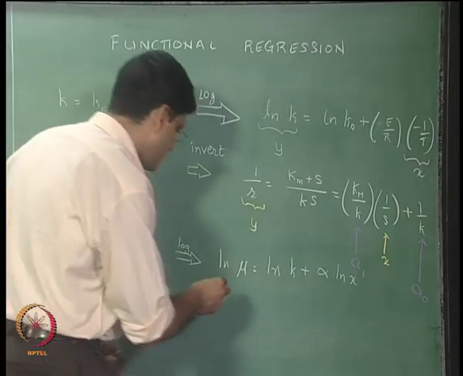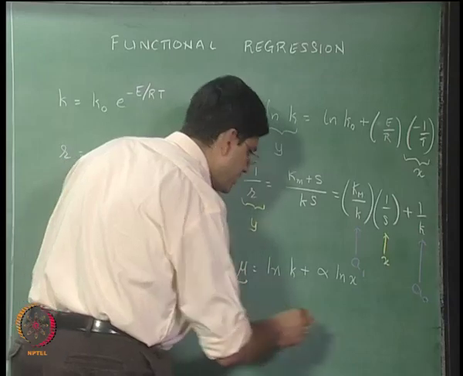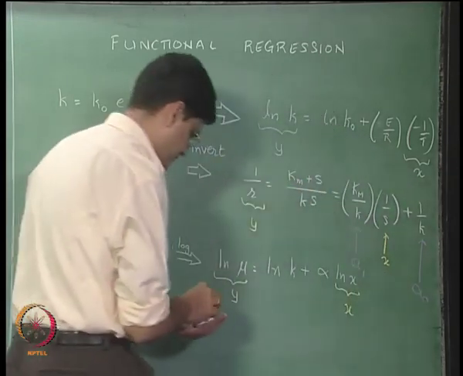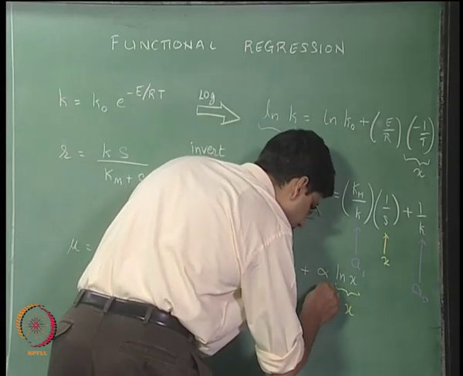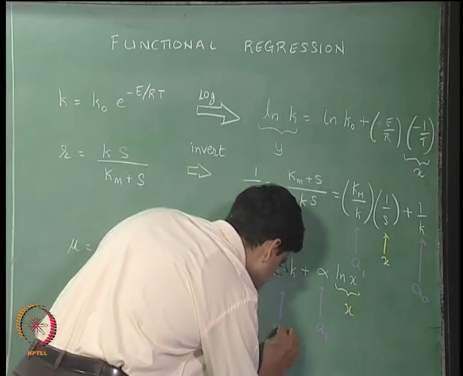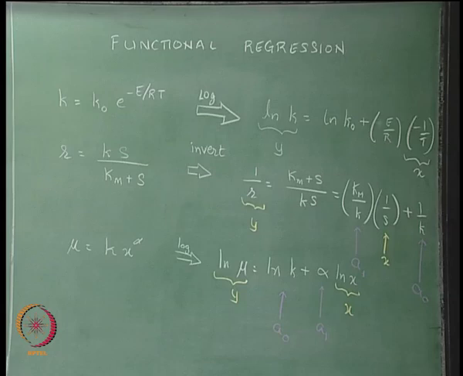So ln of mu becomes our y, ln of x becomes our x, alpha is the slope A1 and ln k is the intercept A0, okay. So this is what we get.